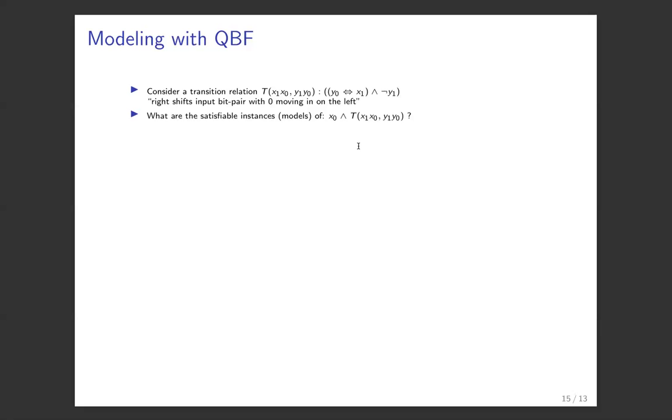X0 should be 1, right? X1 can be 1 or 0. Then y1, y0: y0 can be 1 or 0. Right? So one way is to express it like this. Exactly right.